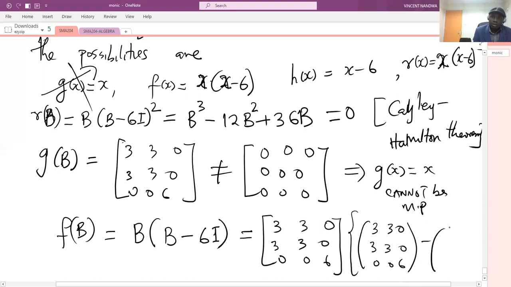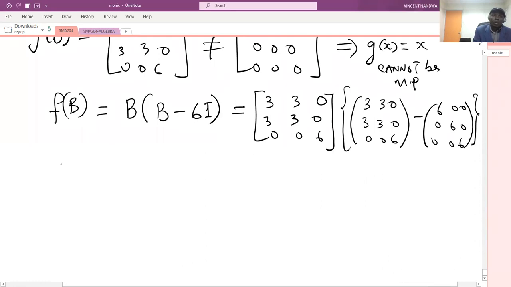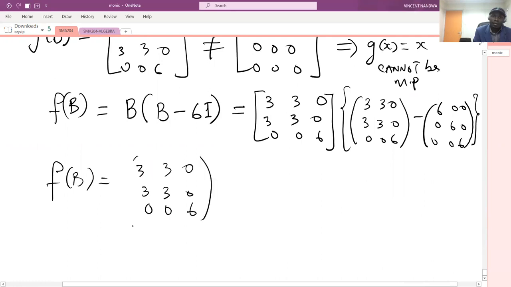When you multiply 6 by an identity, you'll have 6, 0, 0, 0, 6, 0, 0, 0, 6. So f of B will be 3, 3, 0, 3, 3, 0, 0, 0, 6. So corresponding also 3 minus 6 is minus 3, and then 3, 0, 3 minus 3, 0, 0, 0, 0.